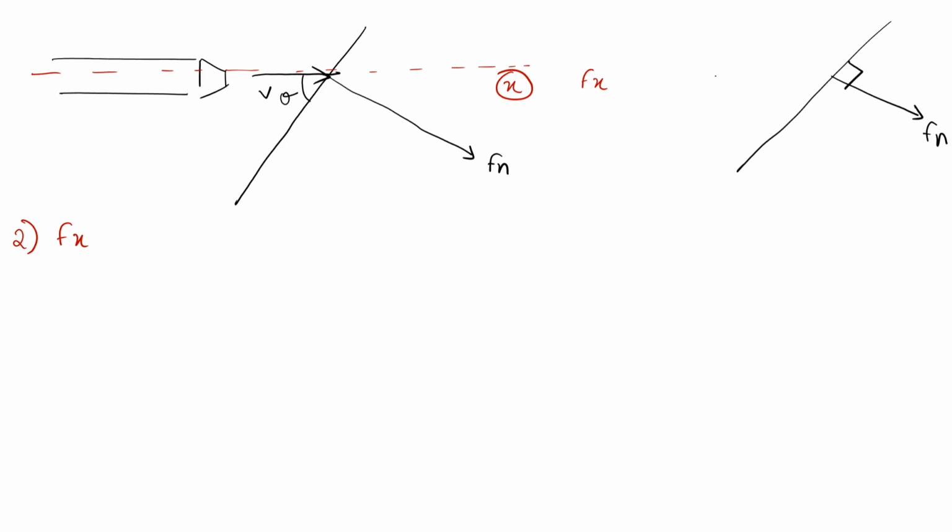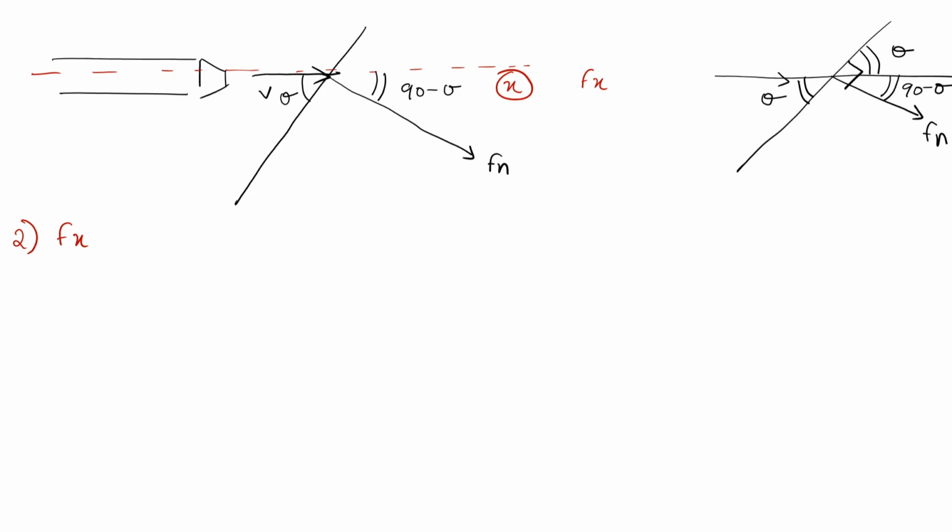I am drawing the horizontal here. If this is the theta angle, then the remaining angle is 90 minus theta.